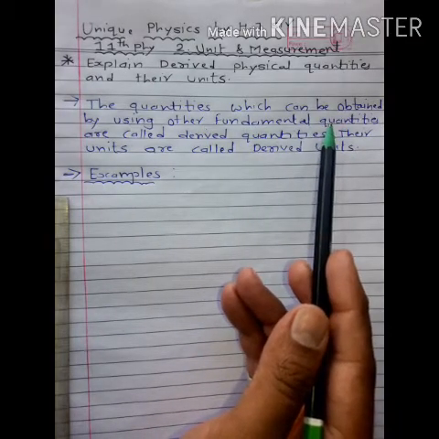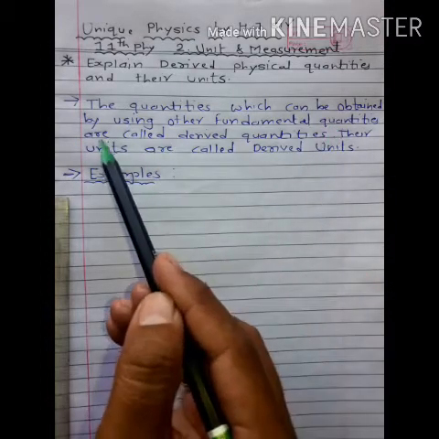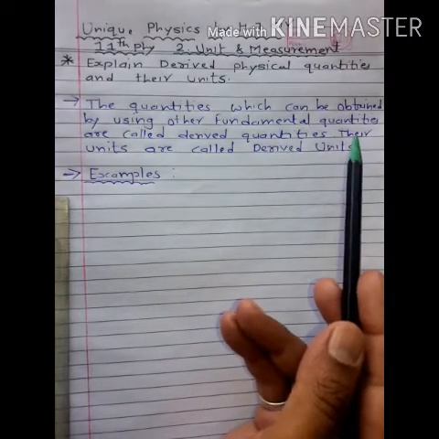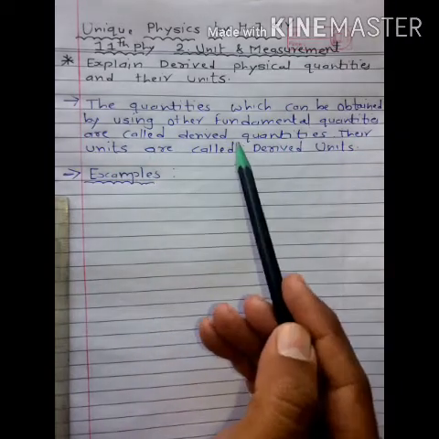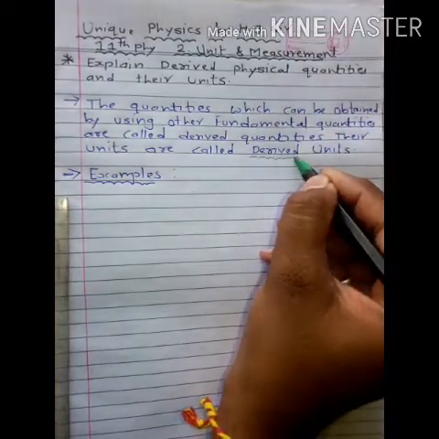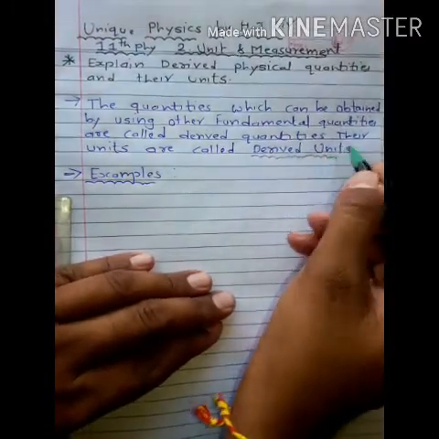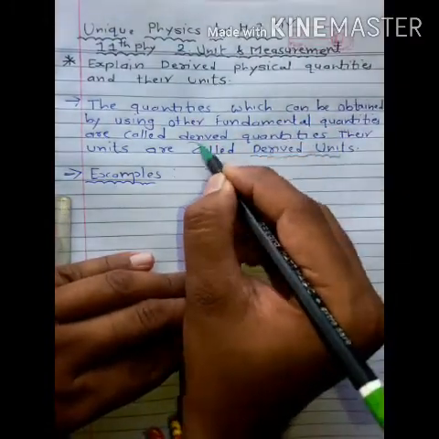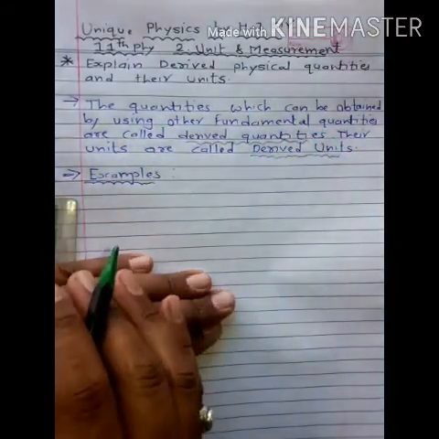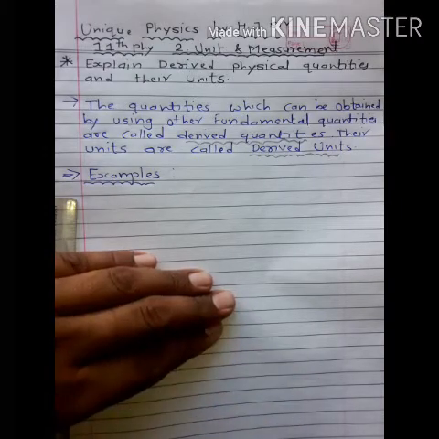Other fundamental quantities means the 7 fundamental physical quantities. Such quantities are called derived quantities, and their units are known as derived units. So quantities are known as derived quantities while units are called derived units. Now here we are going to explain some examples of this question.